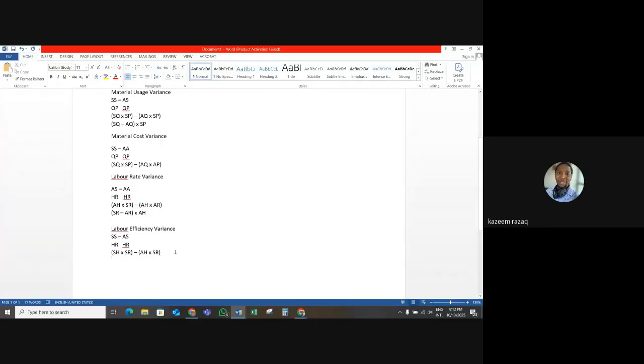What's common here? The standard rate is common. So that means I have standard hours minus actual hours, multiplied by standard rate. The same thing I said about material price variance: you use standard price, not actual price. In the same vein, you use standard rate, not actual rate. Actual hour, actual quantity. Standard rate, standard price. So that is what we have here.